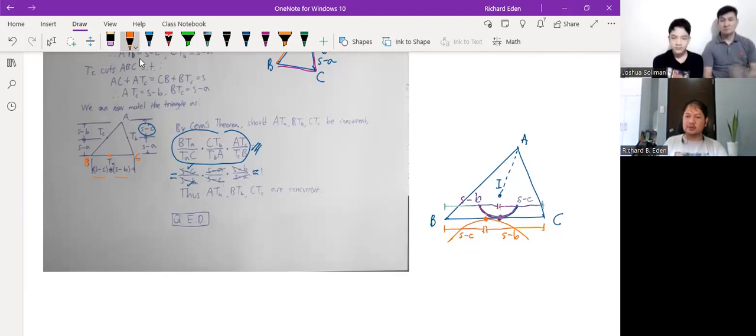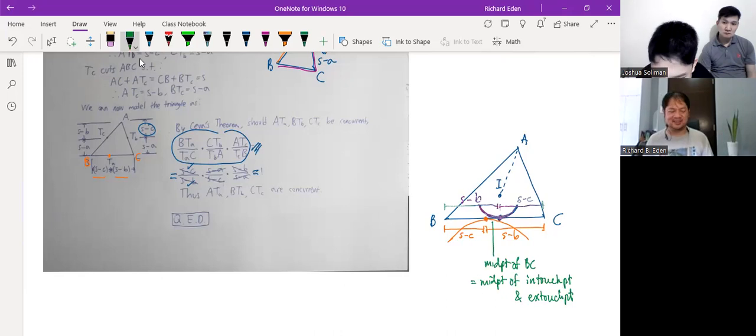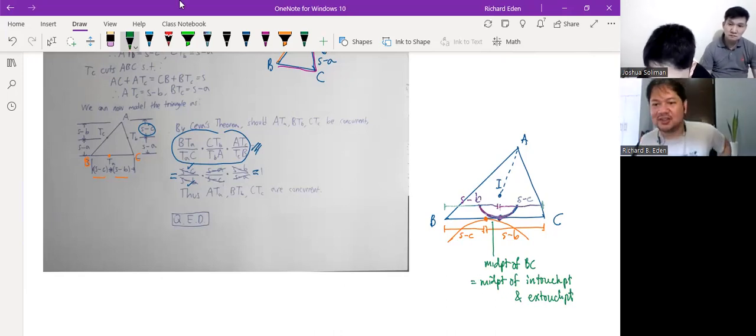This is also the midpoint of the in-touch point and ex-touch point. So it's a bonus to the configuration.